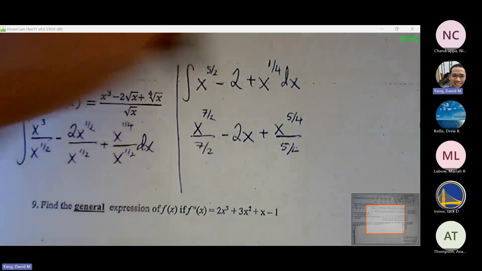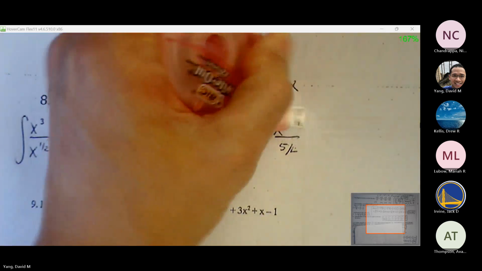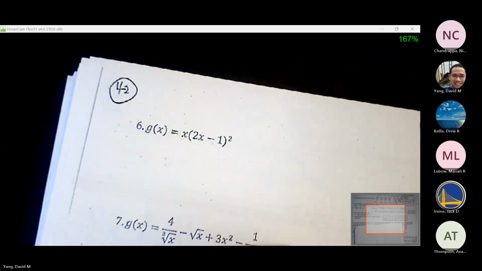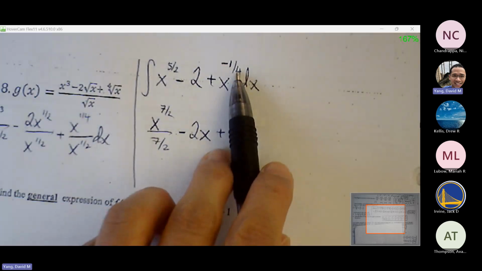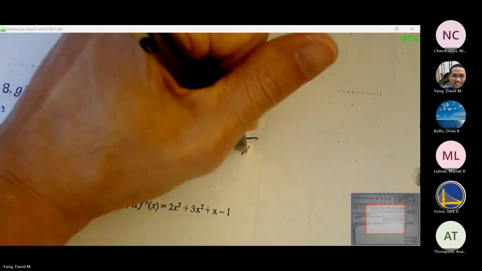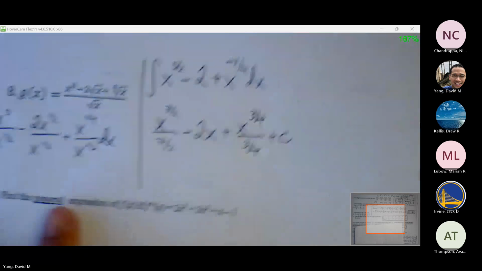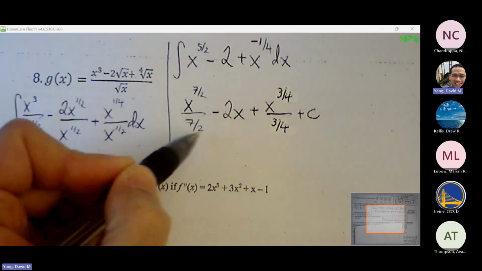Sorry, 1/4 minus 1/2 is negative 1/4, my bad. So negative 1/4 plus 1, the same thing as negative 1/4 plus 4 over 4, which is 3/4. And clean up by moving these denominator fractions up.